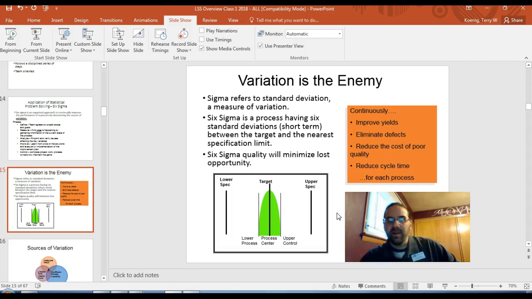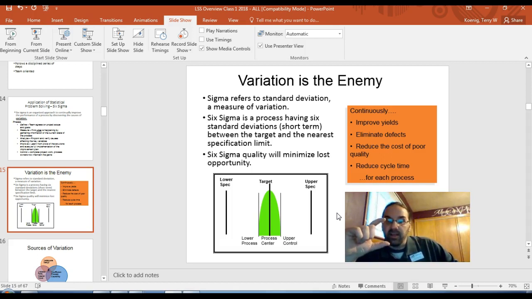So picture if you're making a 2-centimeter bolt, okay? And the upper spec is 2.6 centimeters. You'd want your standard deviation to be 0.1 centimeters.